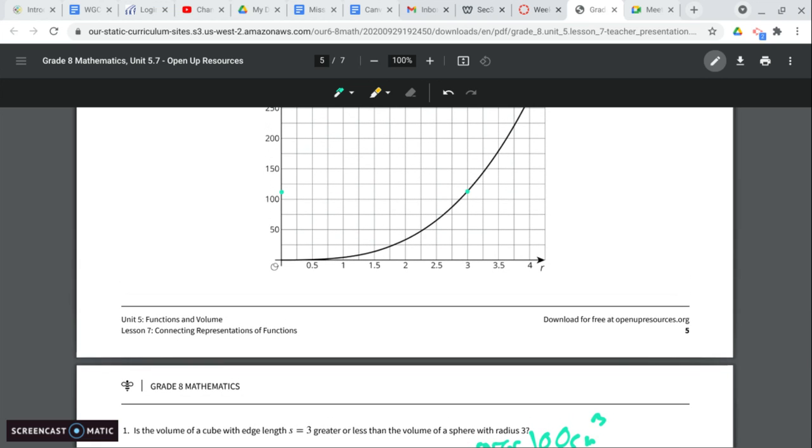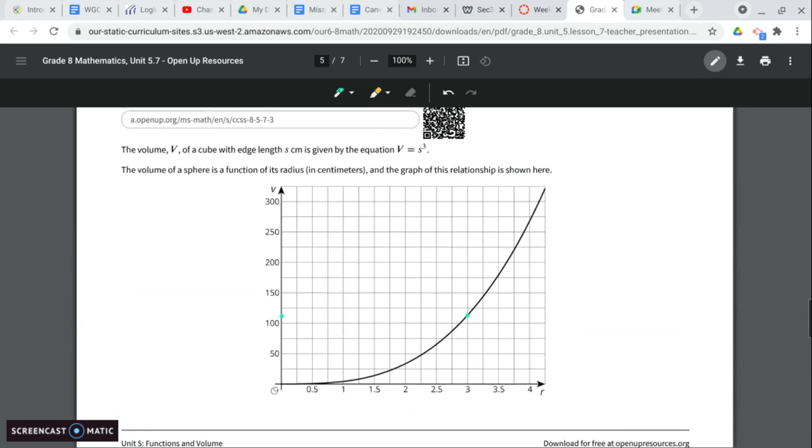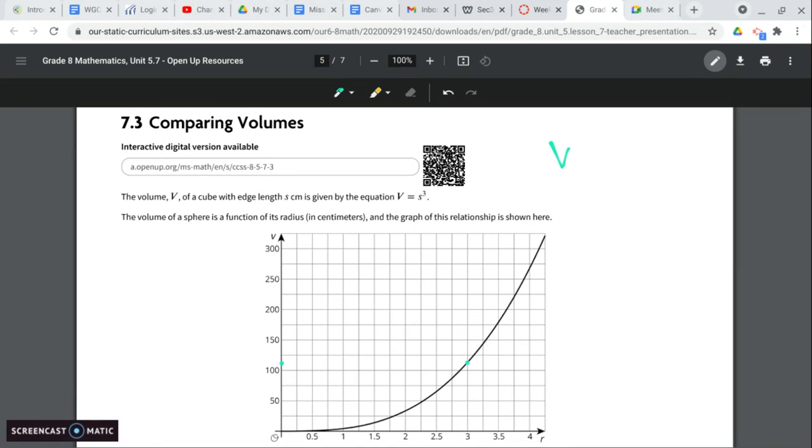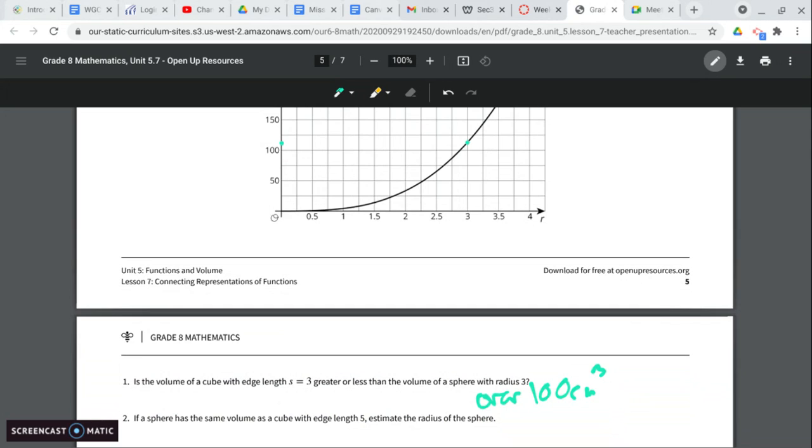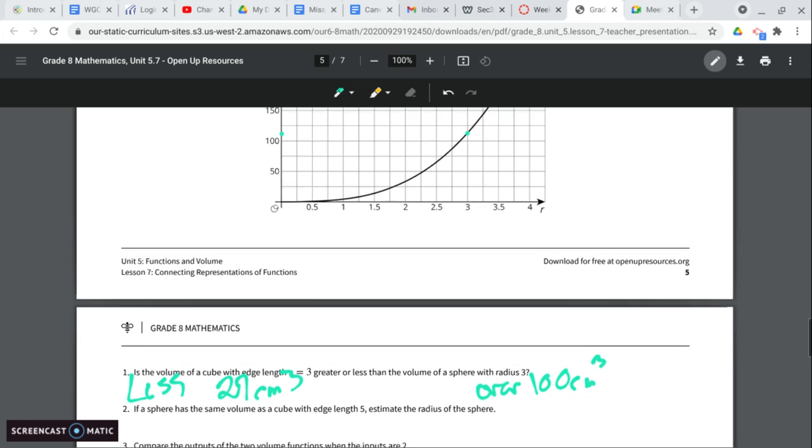And for the cube, when s is 3, well, if we do 3 to the third, 3 times 3 is 9, times 3 is 27. So the volume for the cube is only 27 centimeters cubed. So the volume of the cube is much less. So 27 centimeters cubed, so it is less than the sphere.